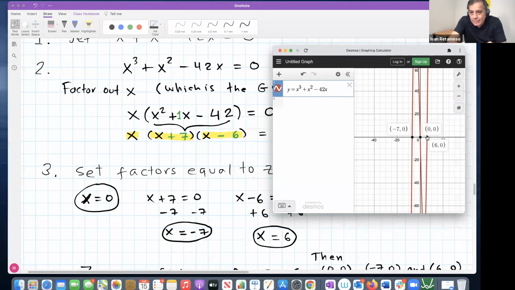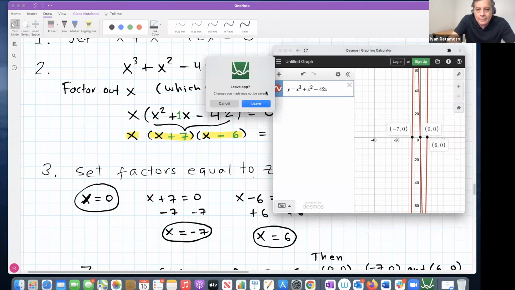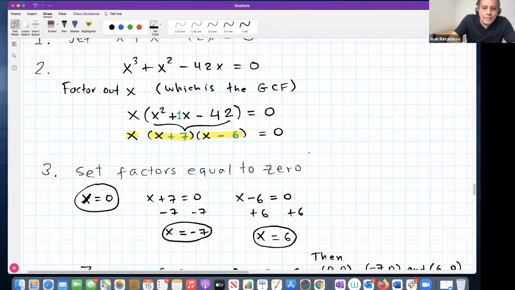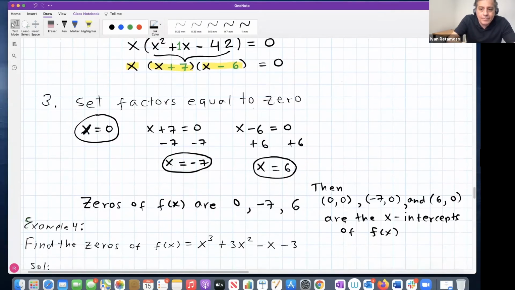Here. 6, 0, and -7 are the X-intercepts. Try to catch this, because in one homework question you will have to do this graphing and approximately catch the X-intercepts from the graph. Great, very good. So this is how this works. The zeros are the X-intercepts. That's the connection.